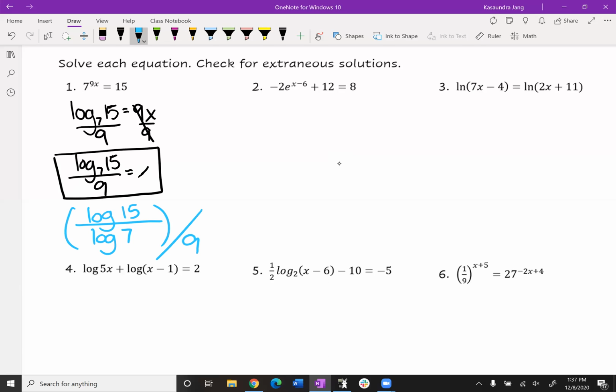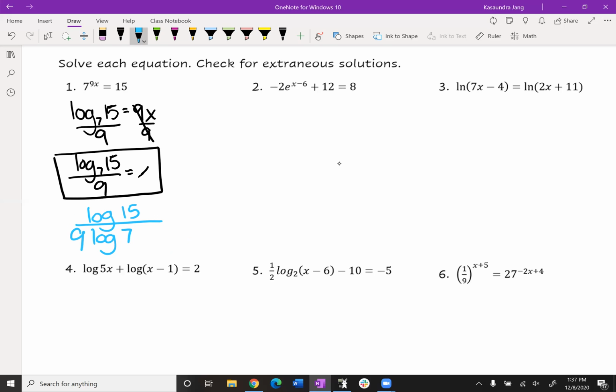That whole thing is divided by 9. I also heard that you could treat it as multiplied by 1/9, which is the same thing. If I multiply this fraction straight across, that puts a 9 in the denominator with my log of 7. So that's 3 different ways to do the same thing.